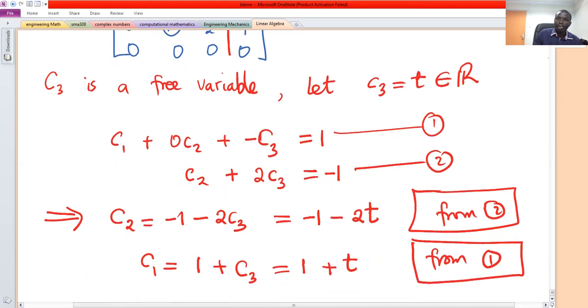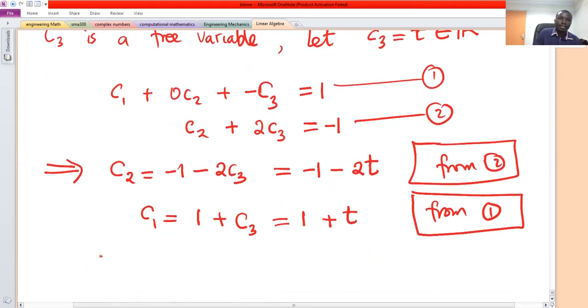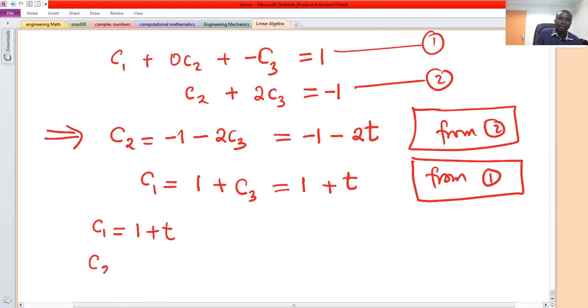So therefore, the solution is C1 equals 1 plus T, C2 is given by minus 1 minus 2T, and C3 is given by T, where T is any real number.